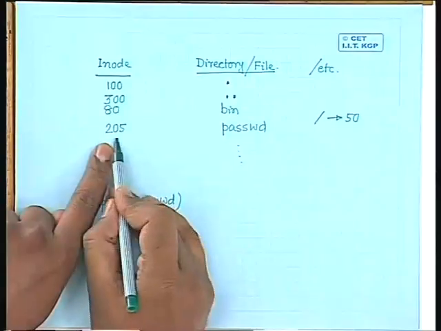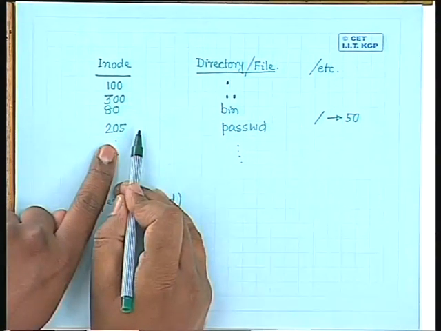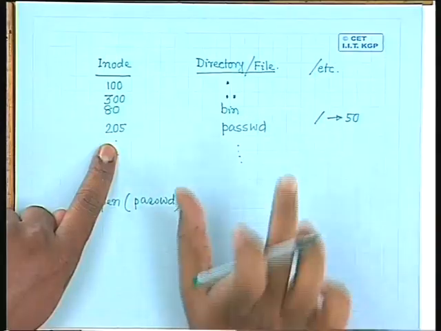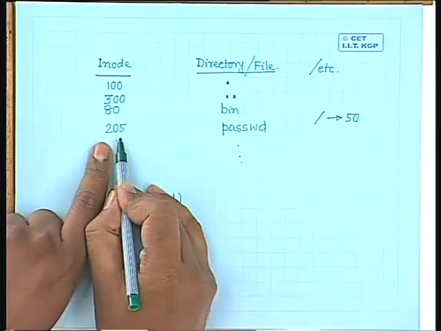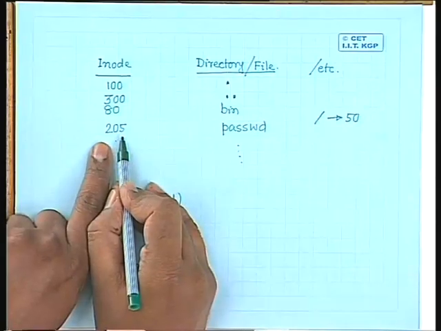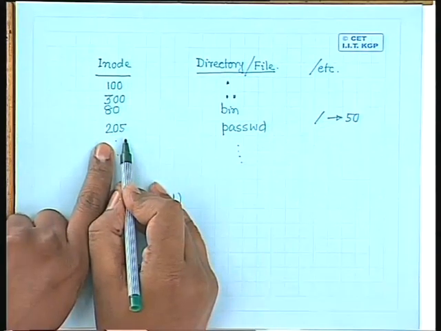The first inode appears first, second inode appears next, third inode appears after that, and so on. So from this inode number, I can always find out which block contains inode number 205, and what is the byte offset within the block for this inode number 205.